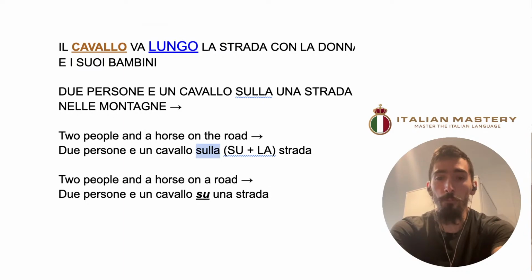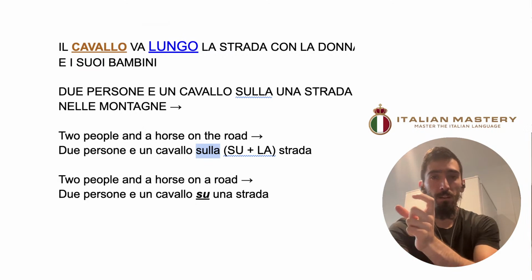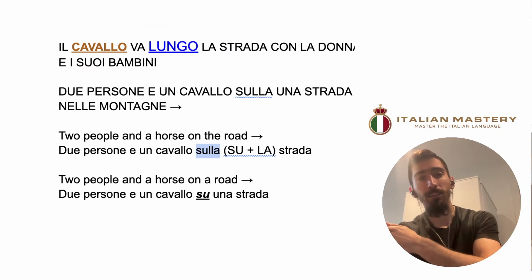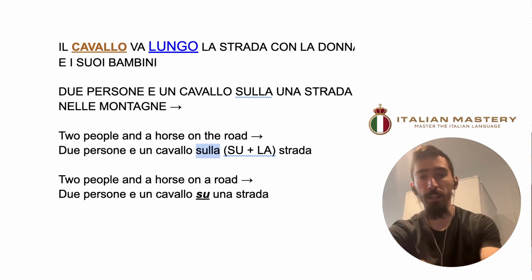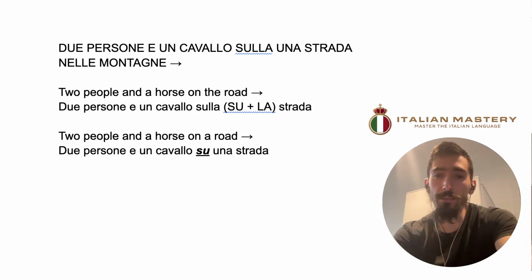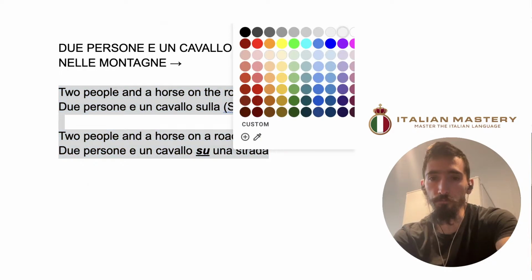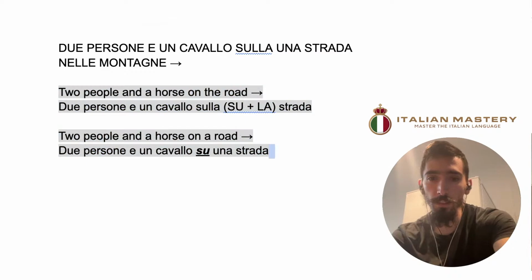So sulla is already su plus the definite article. So you cannot say sulla una strada, because that would be too much. You can just say su una strada. And that's an important point to make.